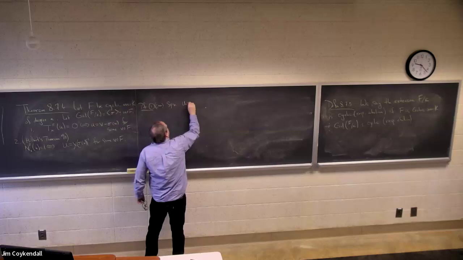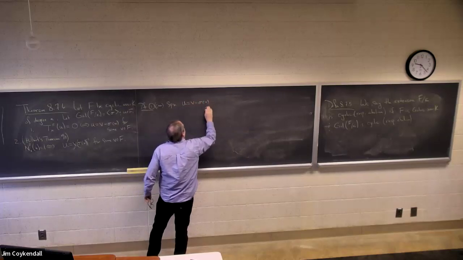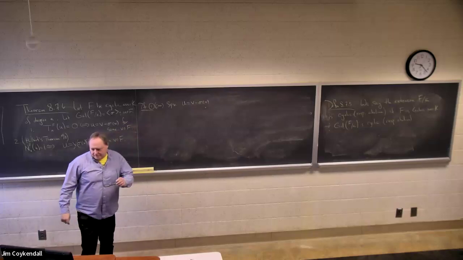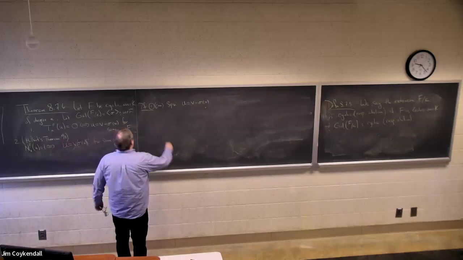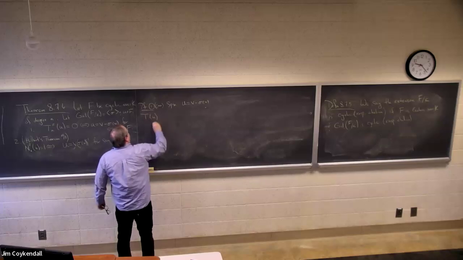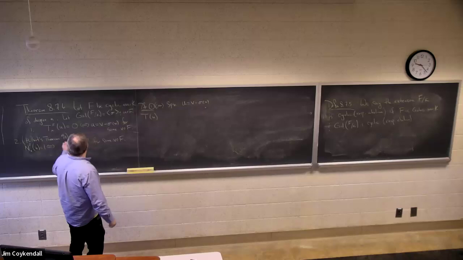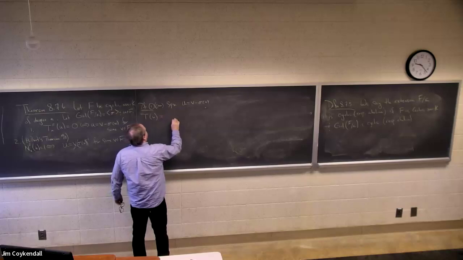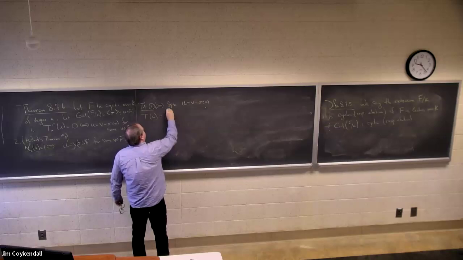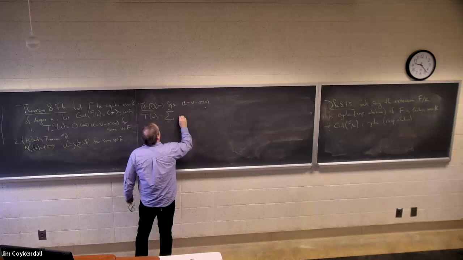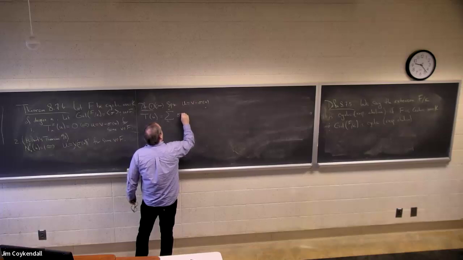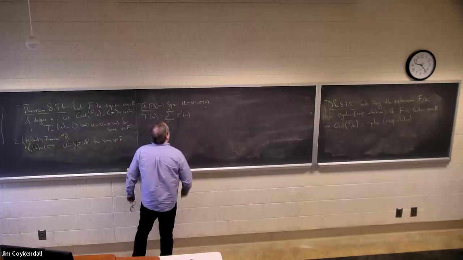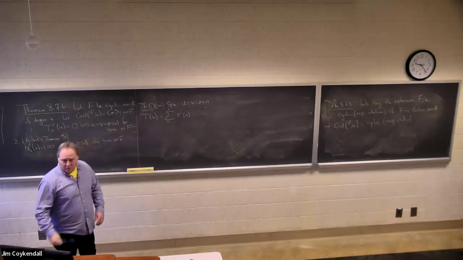Suppose u is v minus sigma v. What is the trace of u? In my proof, I'll suppress these subscripts and superscripts here. This is the sum from i equals 1 to n of sigma_i of u.